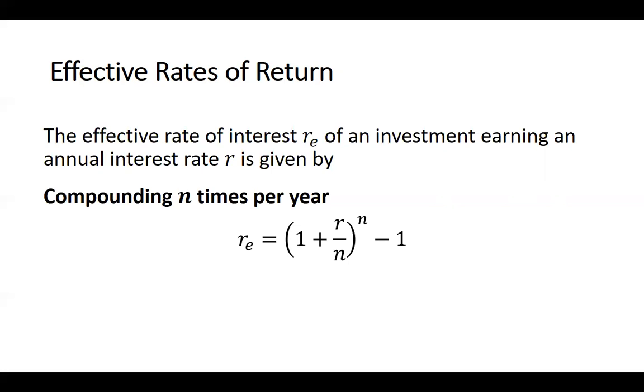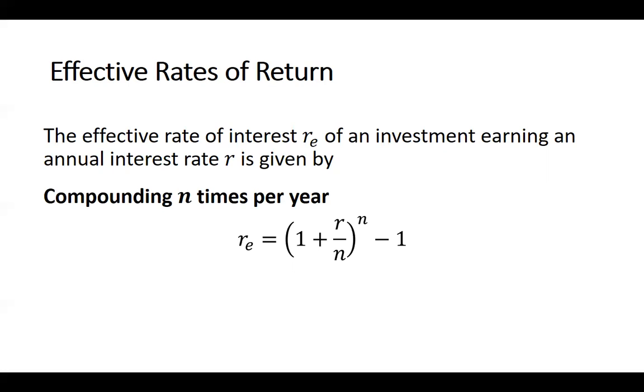So basically, we've eliminated the number of years because we're looking at a single year here. And we eliminated the principal because the principal doesn't matter. We're looking at just the interest rate. So basically, we're basing it on $1. If you invested $1, what would happen at the end of a year? What would be your interest?